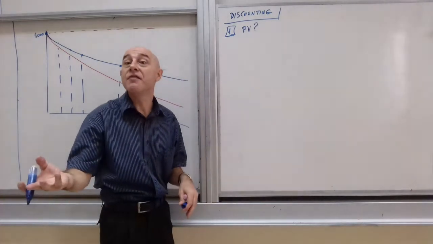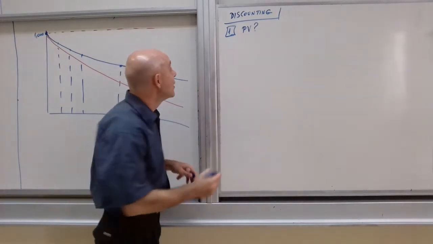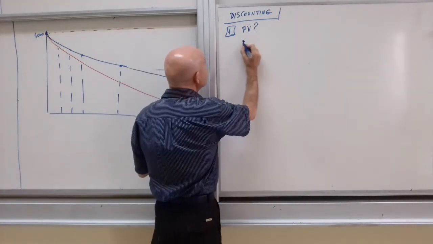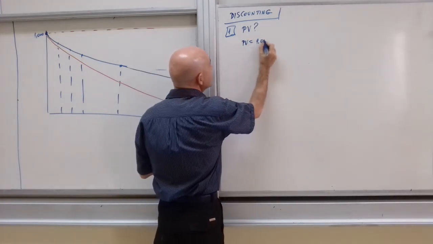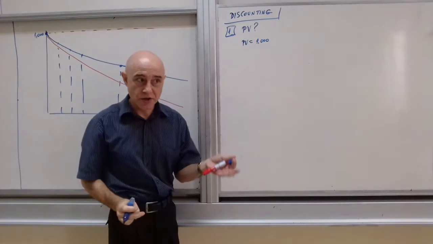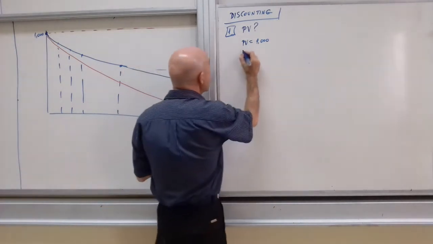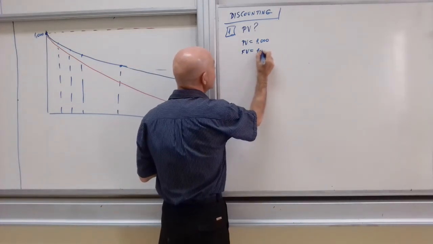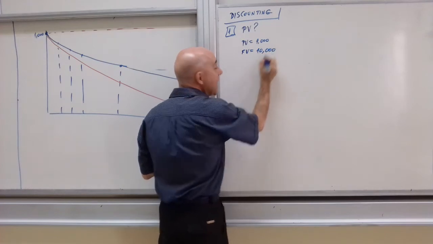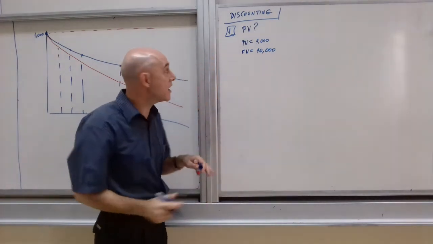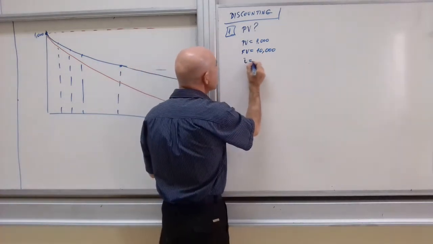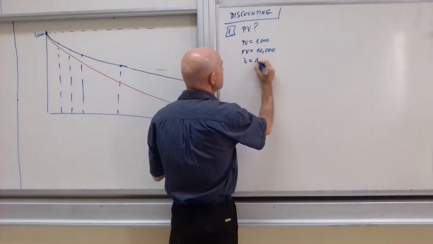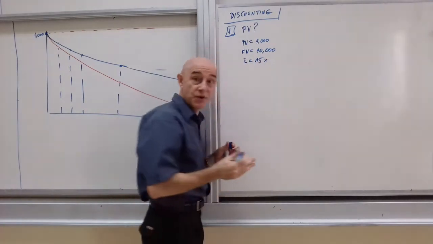But you may have a more difficult problem, which is, well, the present value is $1,000, okay, and I want the future value to be $10,000, and the interest is like 15%, if you can get 15%.